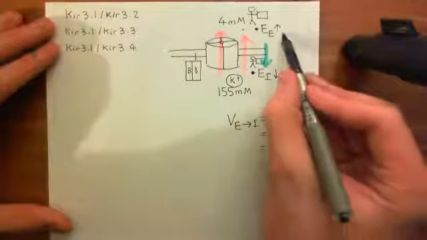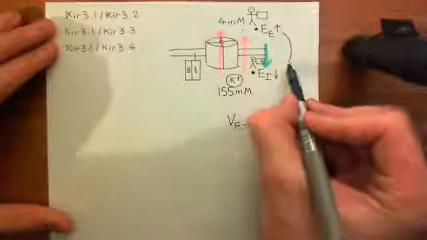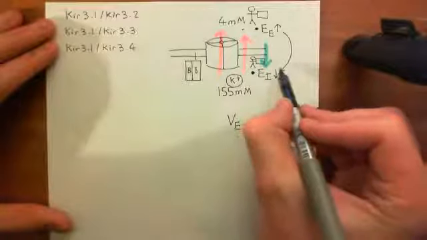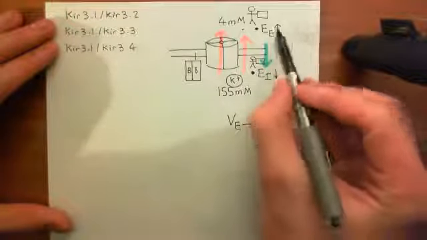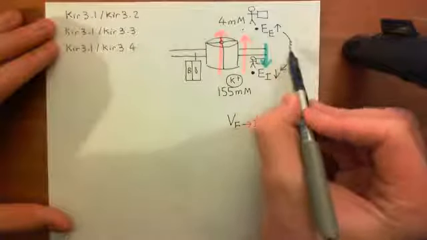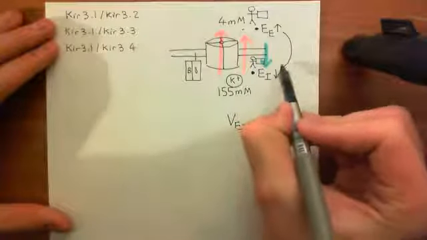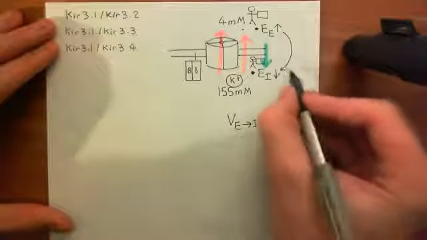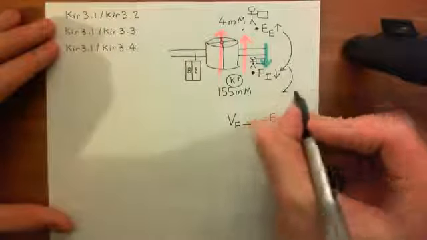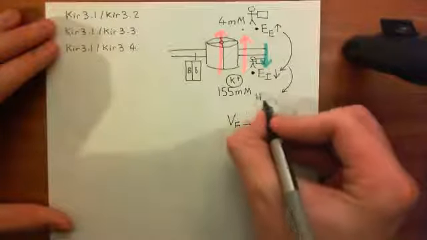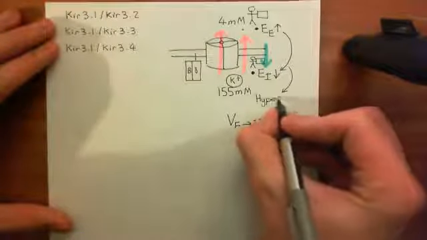Okay? Now, we already said that when you moved from extracellular to intracellular, the electrical potential went down by 65 millivolts. Now we're making this one bigger and this one smaller, so the amount you're going to go down in going from here to here is going to get greater. Okay, so it's going to become more negative, and when the electrical potential difference across the membrane becomes more negative, that is called hyperpolarization.